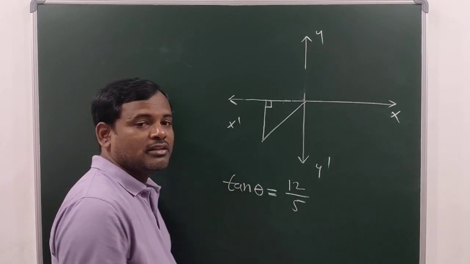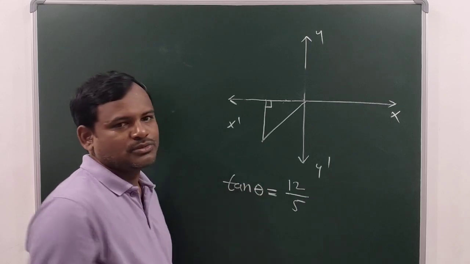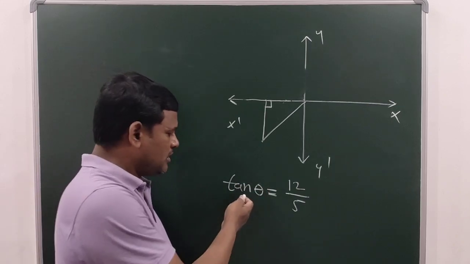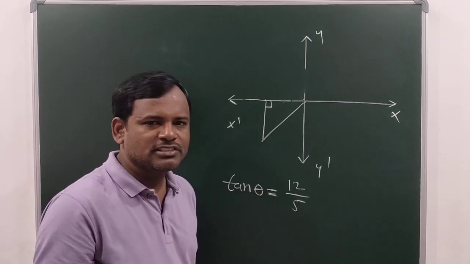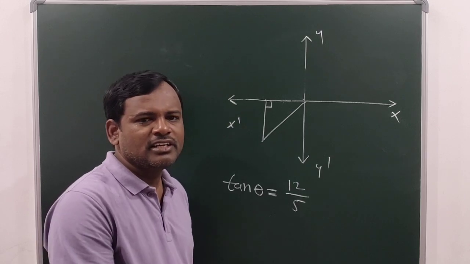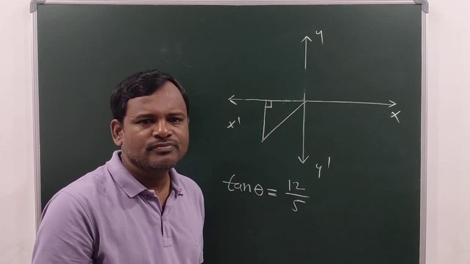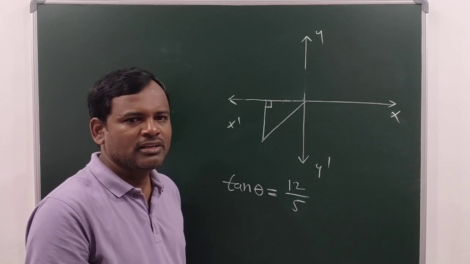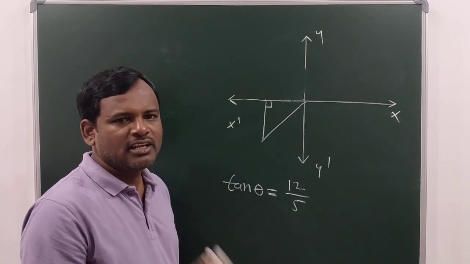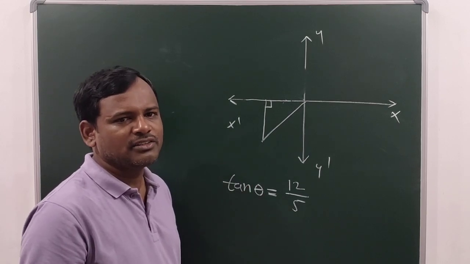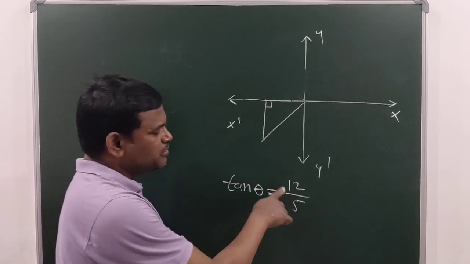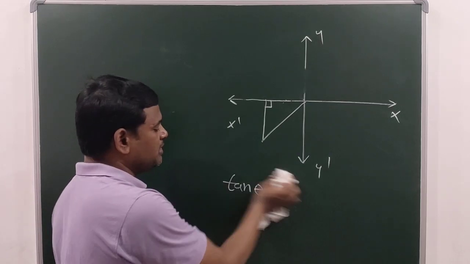Then define all other ratios. This is the question: tan theta is equal to 12 by 5 is given, and they are saying that theta belongs to third quadrant, and they are asking us to find all the remaining ratios. So here tan theta is positive, 12 by 5 is given.